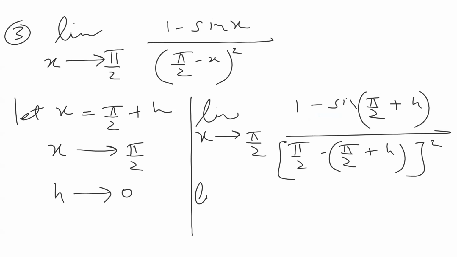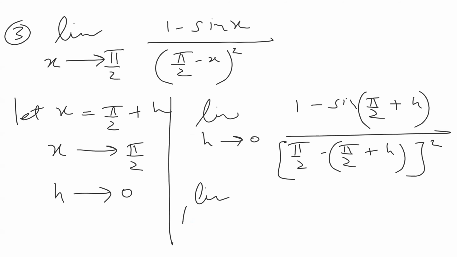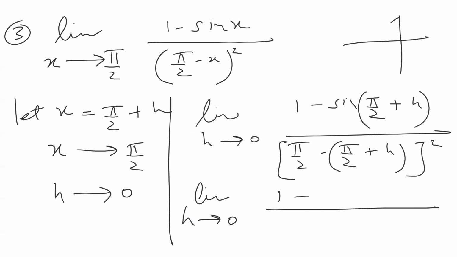So this is equal to the limit, h approaching 0, of 1 minus sine of pi by 2 plus h. Pi by 2 is up, and plus is the anti-clockwise direction.